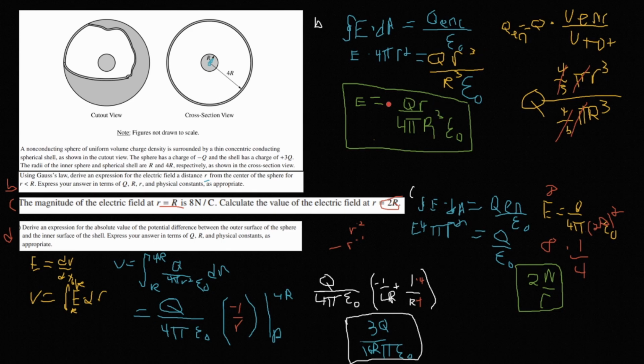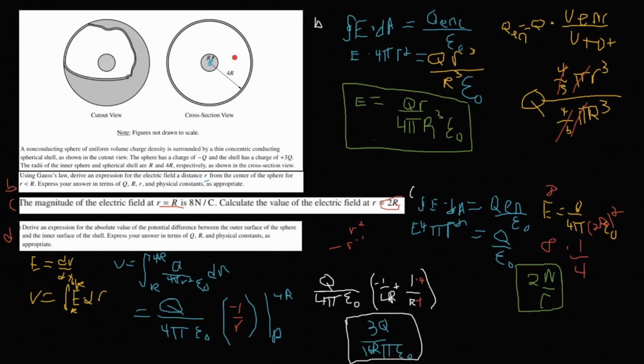Or no, it's going to be a linear function because this is a linear function of r. Now, is the electric field positive or negative? It is negative because Q is negative. So I'm going to draw a roughly straight line.